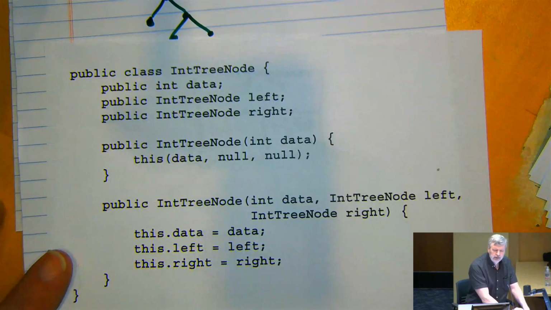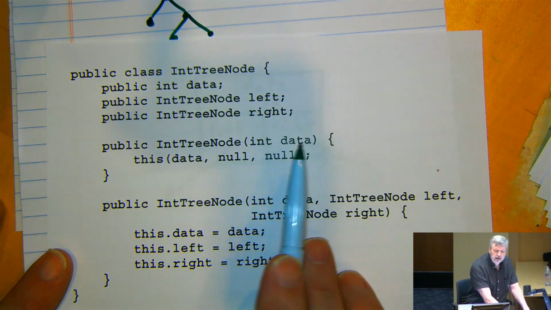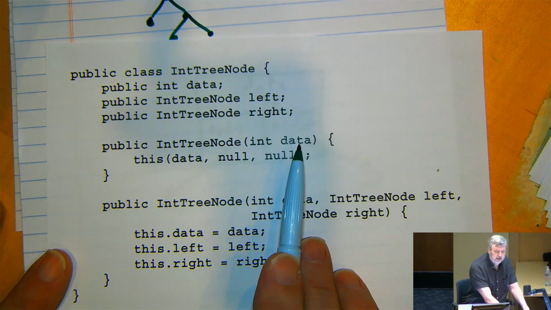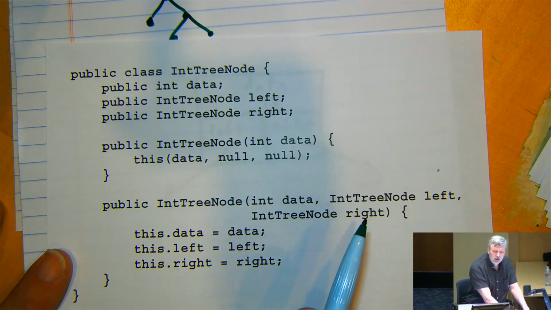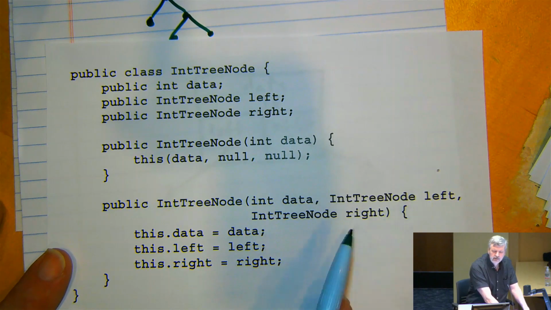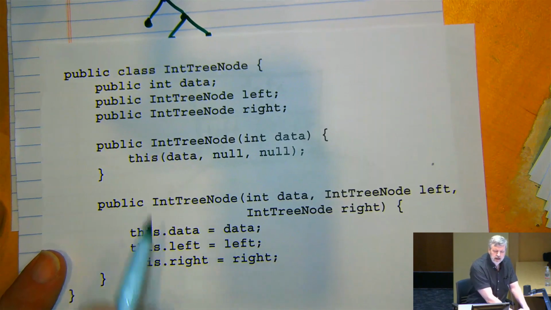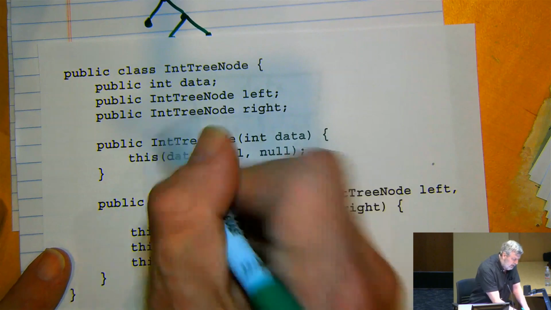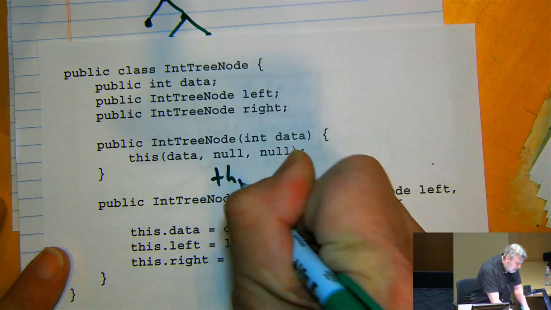And then I have a couple of constructors here. This is a constructor for a leaf node that takes just some data, and it doesn't take links for left and right. This would be a constructor for a branch node that takes all three. It takes the data and the link to the left and the link to the right, and it sets all three fields. Now here I'm using that notation of this with parentheses.